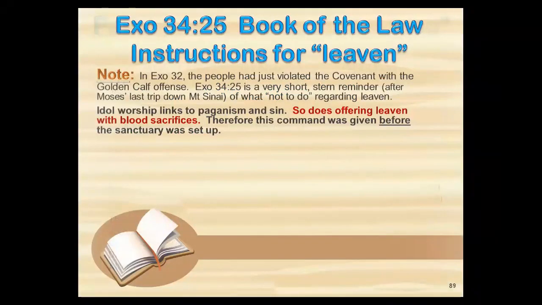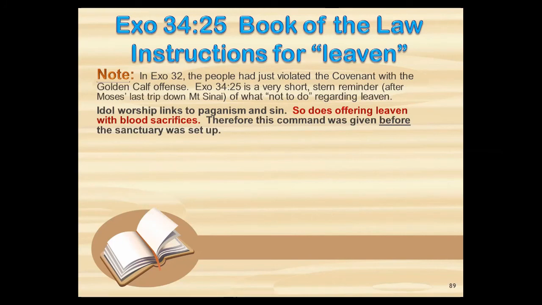In Exodus 34:25, in the book of the law, it instructs about leaven. Look what it has to say. We're going to get to it in just a bit. But first of all, in Exodus 32, the people had just violated the covenant with that golden calf offense.